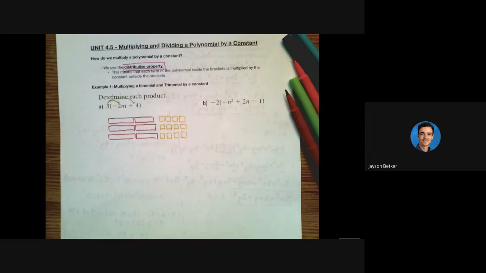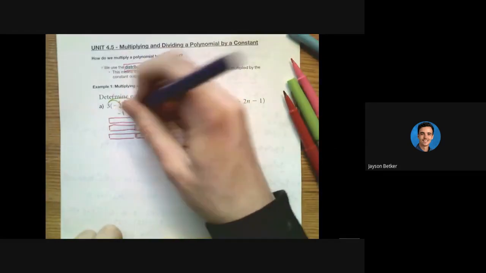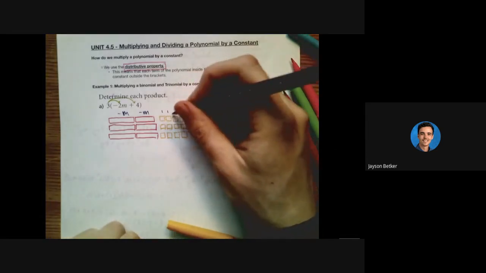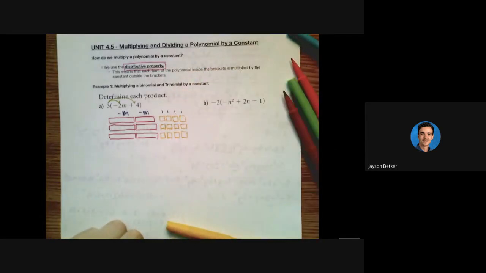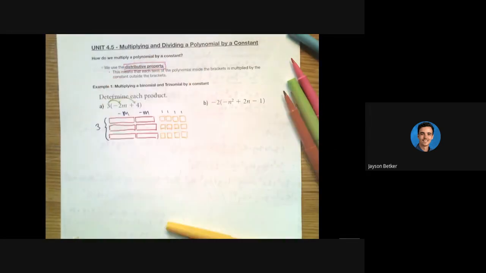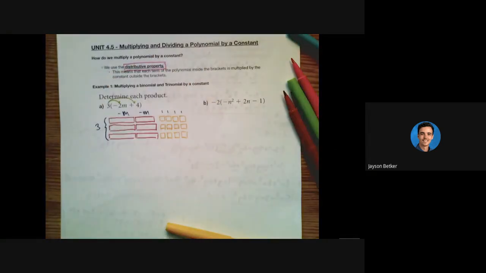What we have here now is this right here is representing negative m. And this is negative m, right, which makes negative 2m. And this is 1, 1, 1, 1. And then right here, having 3 of them is represented by that. So we can just count it out, and that'll give us our final answer.